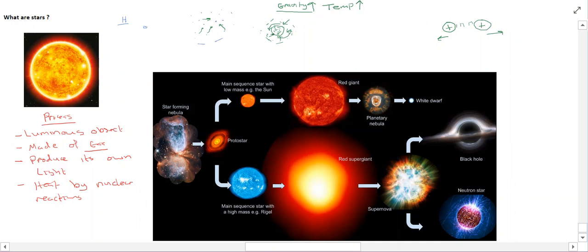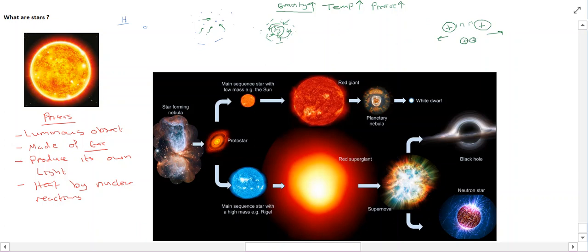So you're going to have gravity pulling more and more hydrogen into the nucleus. And essentially the pressure is also going up as well. And when the pressure goes up, these protons or hydrogen atoms are going to be forced closer and closer together, like so.